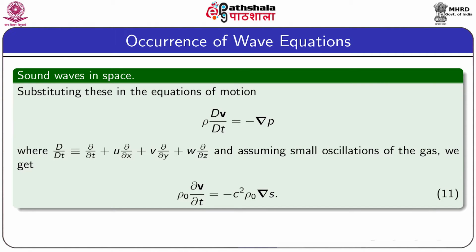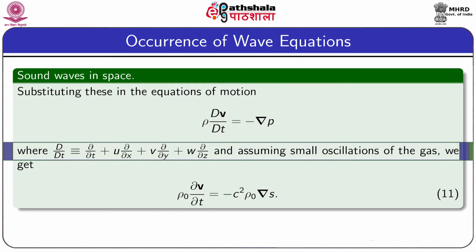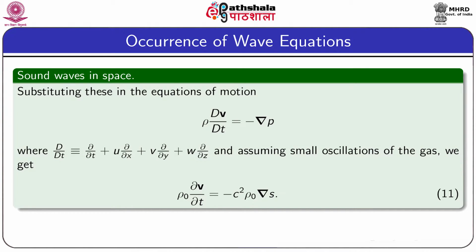Now, we have the equation of motion rho DV Dt equals minus grad P, where capital D Dt is the total derivative, which is equivalent to the time derivative del del t plus derivatives in space, u del del x plus v del del y plus w del del z. And if you assume that the oscillation is very small, for this case we can neglect the nonlinear terms.